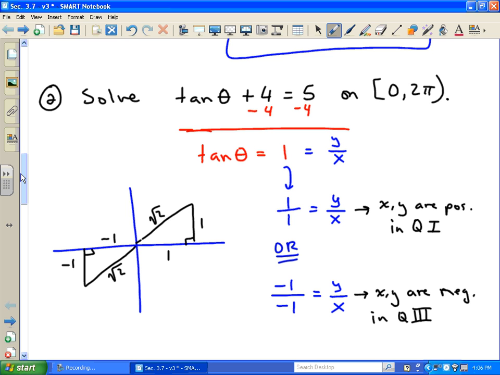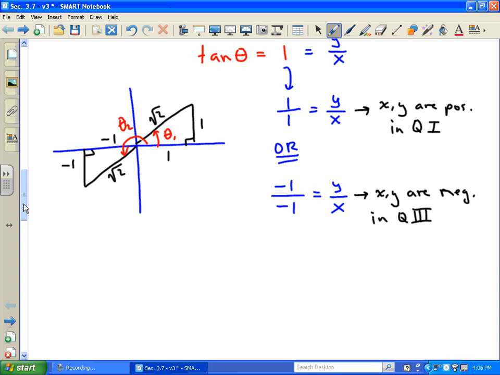For the actual values, we would have theta sub 1 being the angle in the first quadrant, and theta sub 2 being the angle in the third quadrant. Theta sub 1 we know is a 45-degree angle. Theta sub 2 we know is 180 degrees plus 45 degrees, which is 225 degrees.